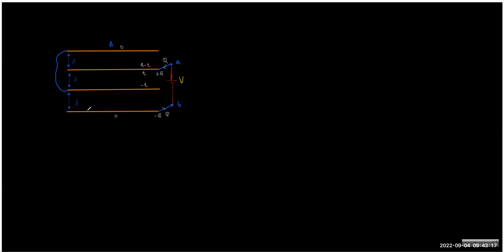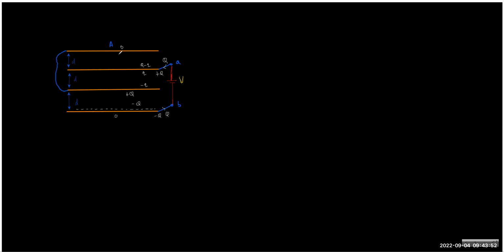So if this is minus Q, this must be Q, the facing surface must be equal, na? So if this is plus Q and this is minus Q, that's fine.